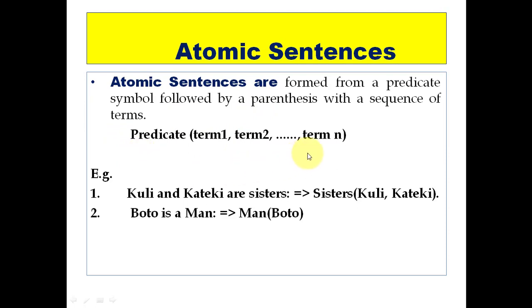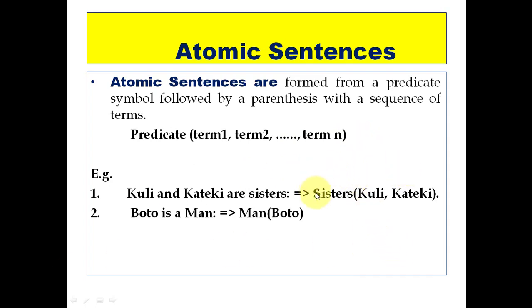This is the particular syntax: the predicate, and in brackets term 1, term 2, up to term n, separated by commas. As an example, Kuli and Keteki are sisters. Kuli and Keteki are two very famous birds in Assam, so I am giving the example like that. They are sisters. How will we express this in terms of predicate logic?